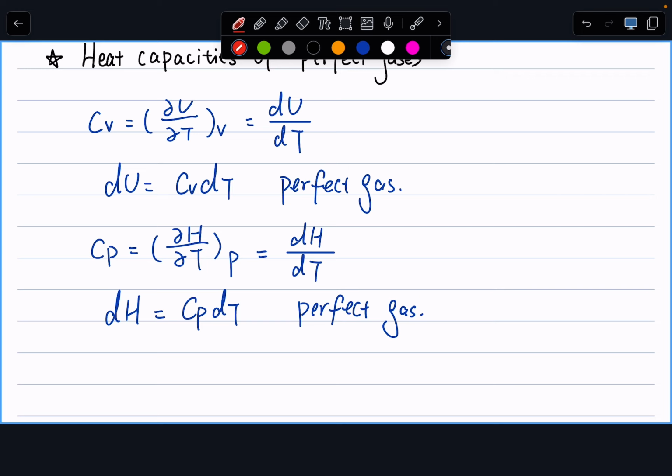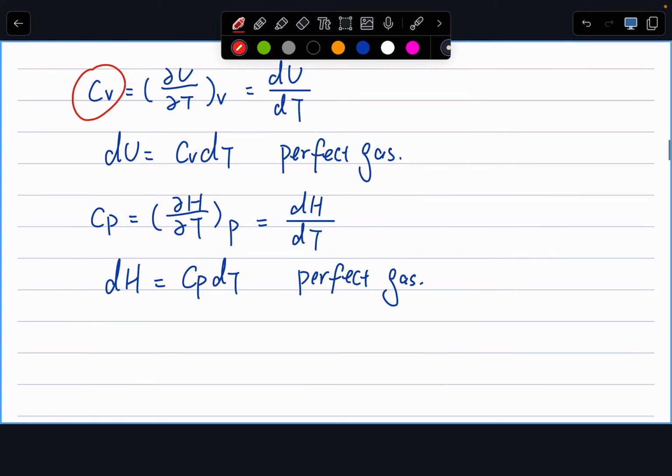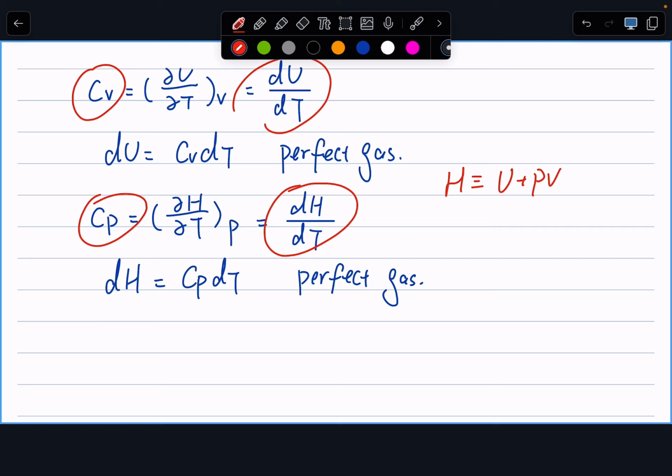All right. And now let's use these two definitions and also the definition of enthalpy, which is U plus PV, to solve for Cp minus Cv.